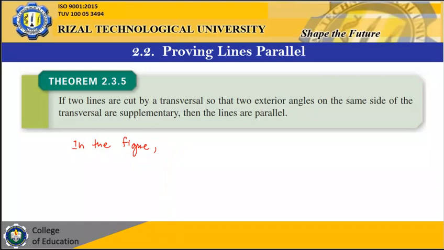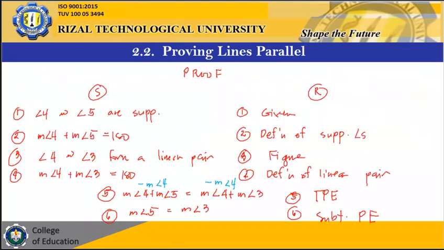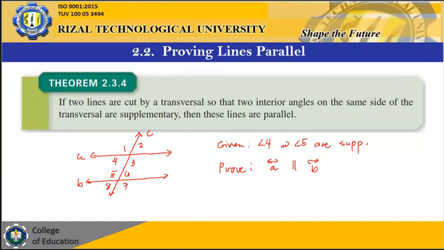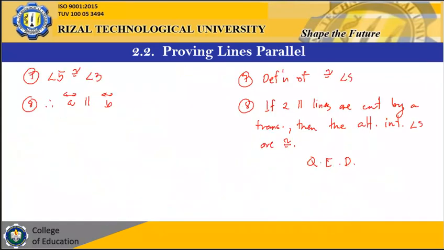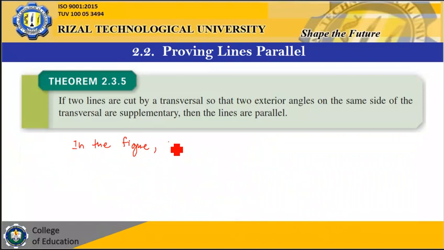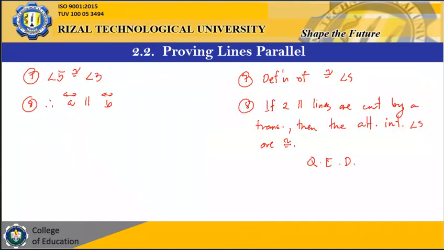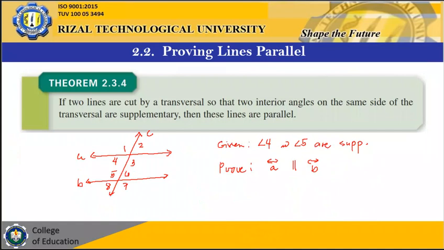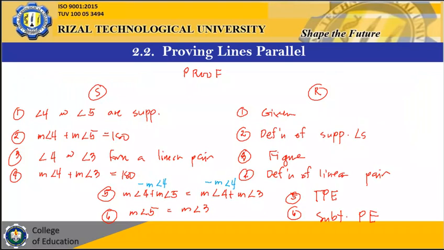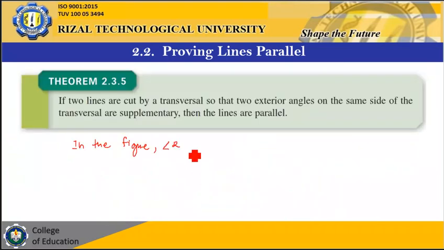Okay, in the given figure, let's say angle 2 and angle 7, two exterior angles on the same side, are supplementary.